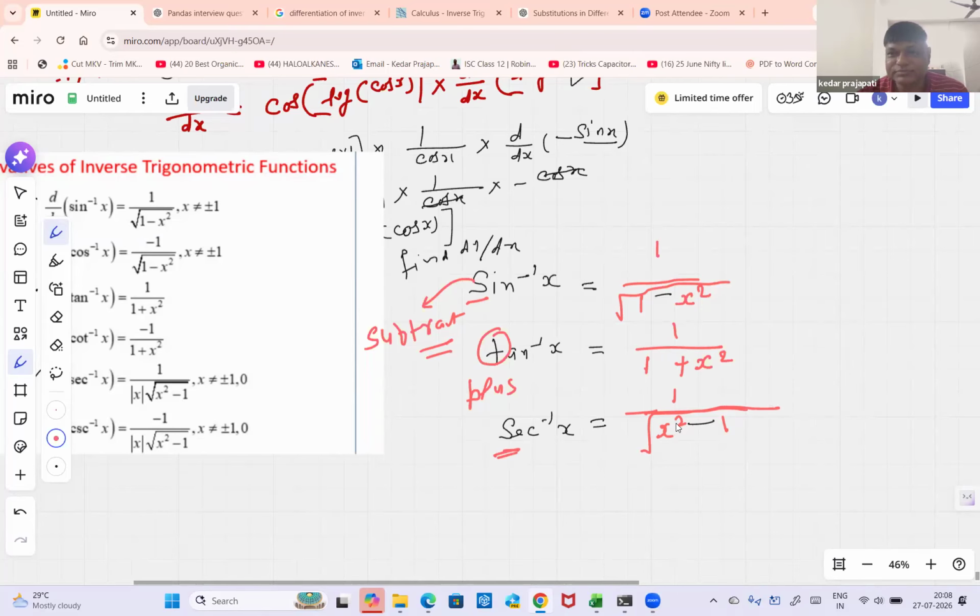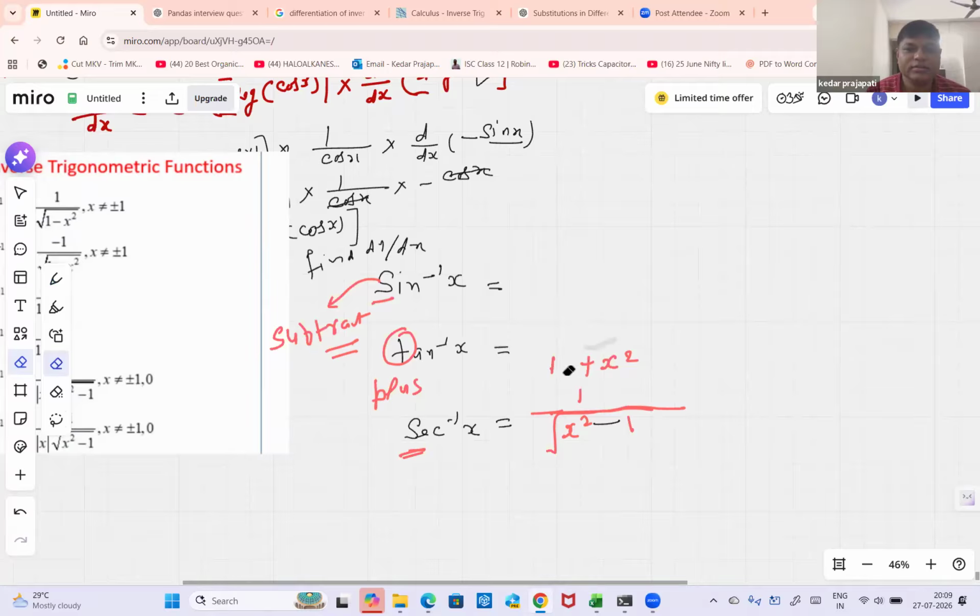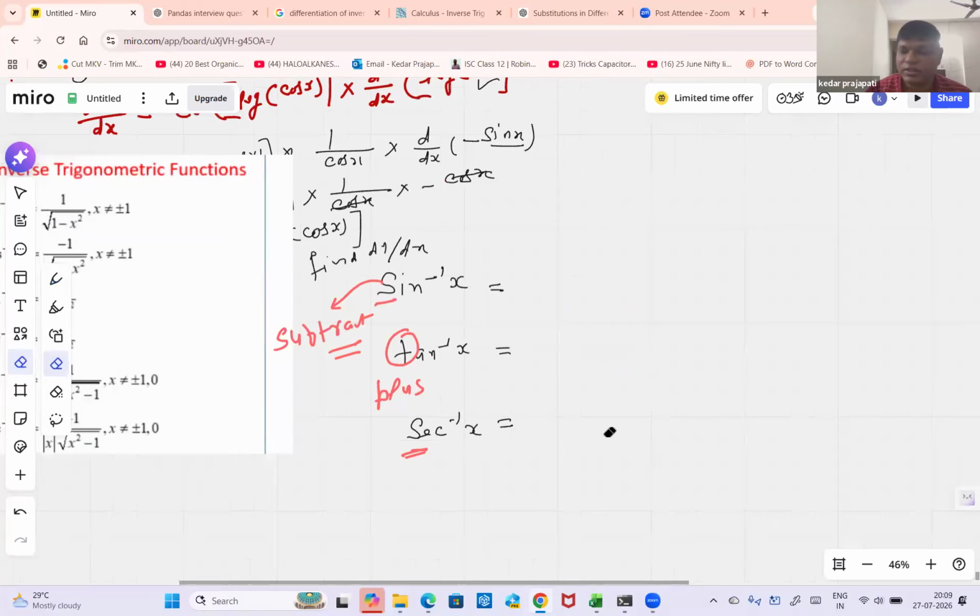Not getting? I'm getting. So it is very important that you understand this, because each time you will not be able to derive. What I'm saying is, let me erase first. So wherever s is coming, in sine and secant, s is there.